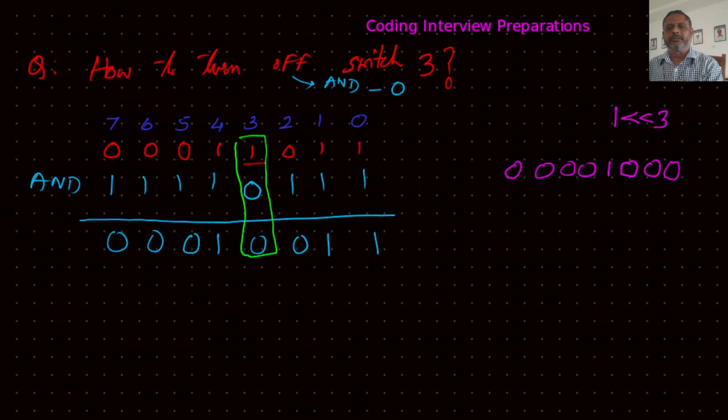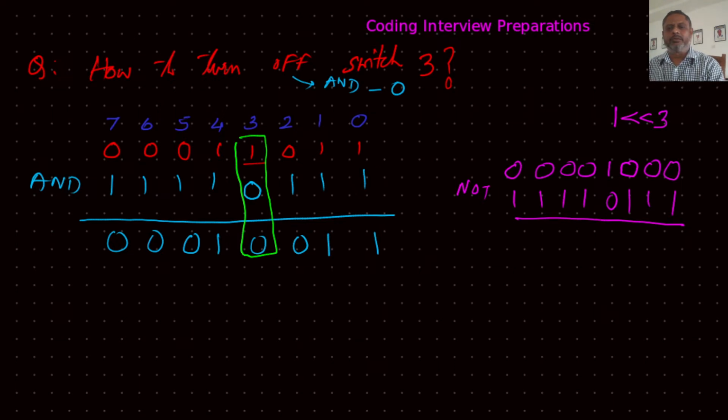So that's gone here. But what we want was the opposite of it. So if you take a NOT operation, then this will be 1, 1, 1, 1, 0, 1, 1, 1. Yes, the mask is ready.